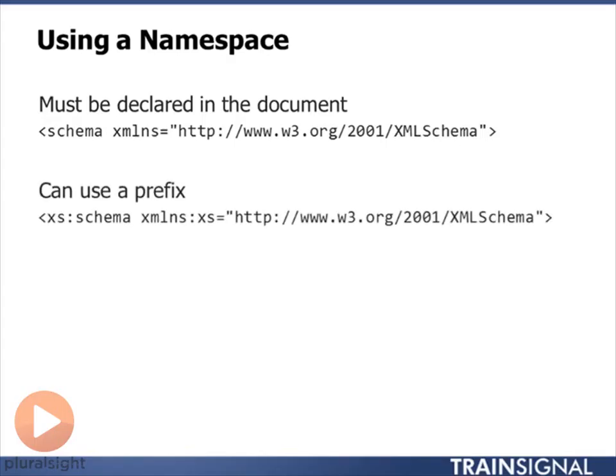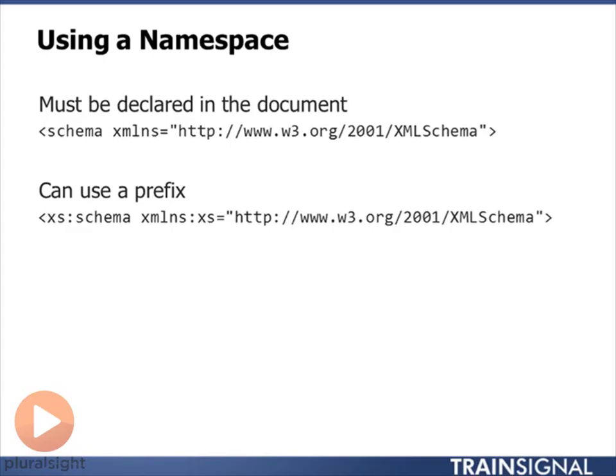If we want to use a prefix, you'll notice the syntax slightly changes. What we're going to do is say XMLNS again, but we're going to put in a colon and then our prefix. And then every time that we want to indicate that a tag, for example, in this case, schema, is part of that namespace, we need to put in that prefix. So you'll notice the prefix of XS colon.